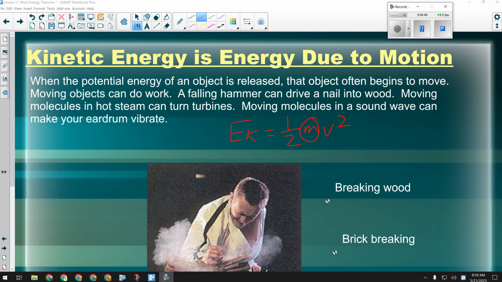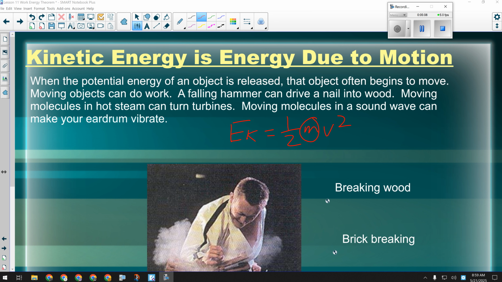This is the principle behind a lot of ancient weaponry, but also modern weaponry. How heavy is a bullet? Not very heavy, right? They have a very small mass, but they're quite deadly because they move very fast. Like if I just pick up a bullet and throw it at you, not that I would ever do that, you're not going to get hurt by that.